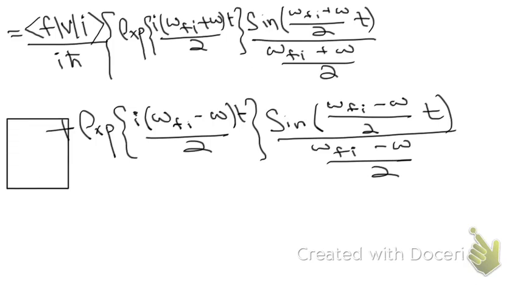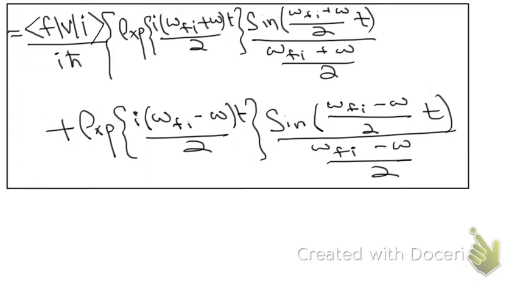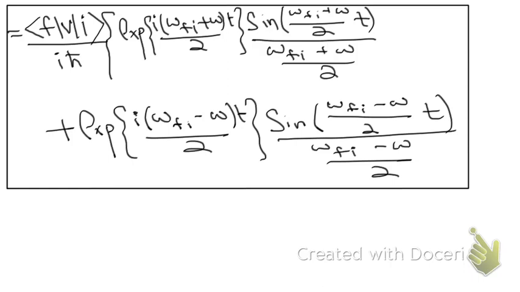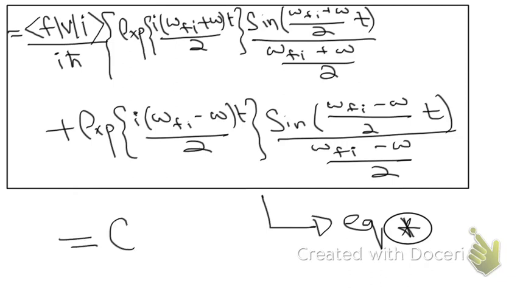So we are going to box this expression and call it equation star. Also, this expression is my c f of t.